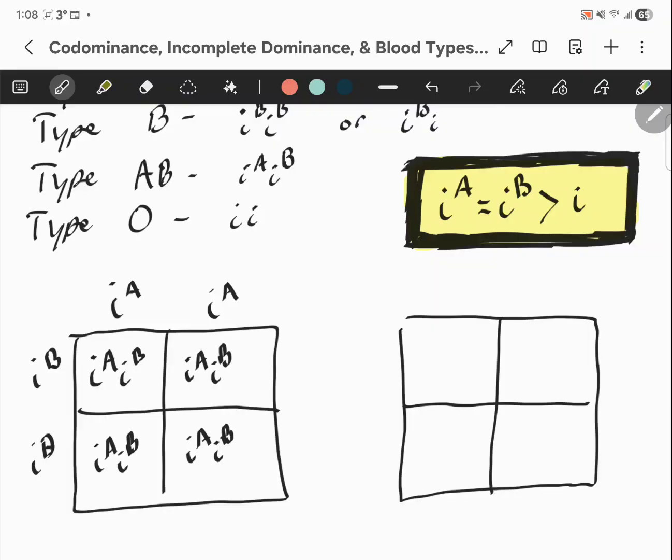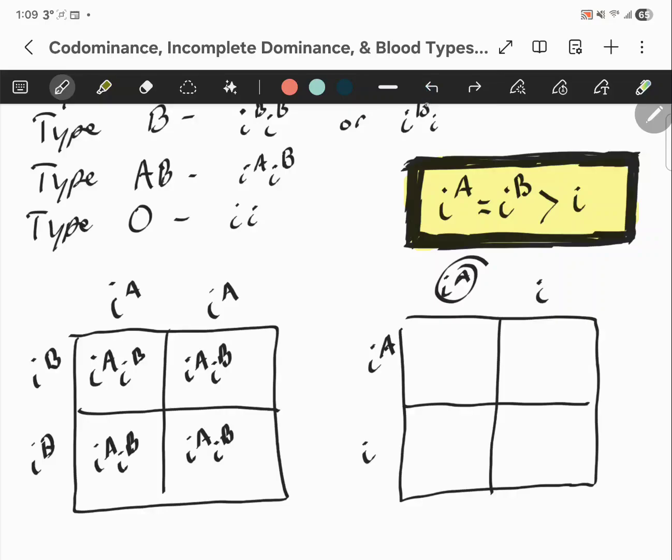All right, our next example: what if somebody has type A blood and they marry somebody who has type A blood also, but both of these people are heterozygous? Both of them have an A allele and an O allele. Well, what happens?